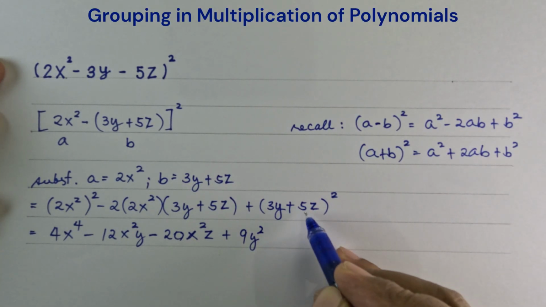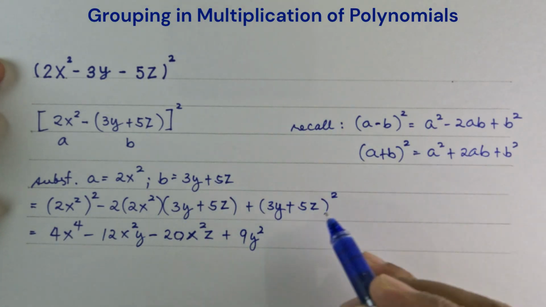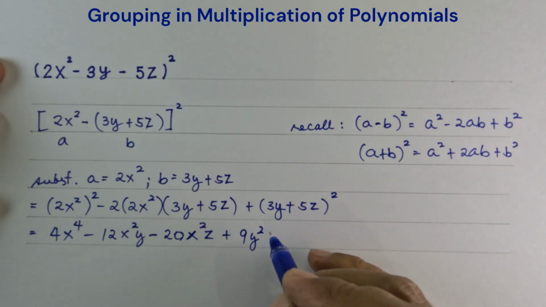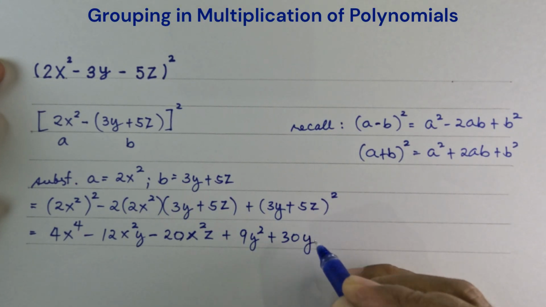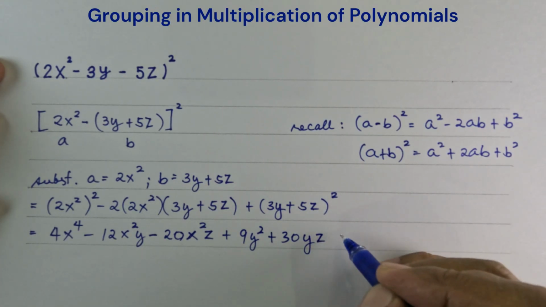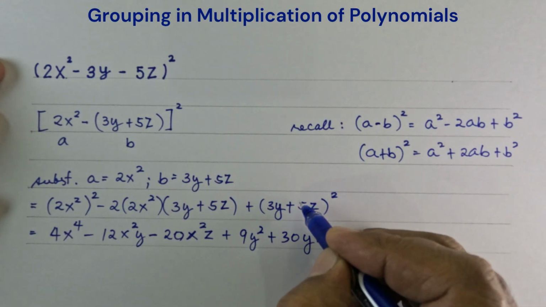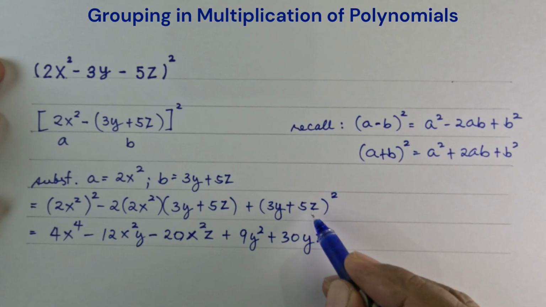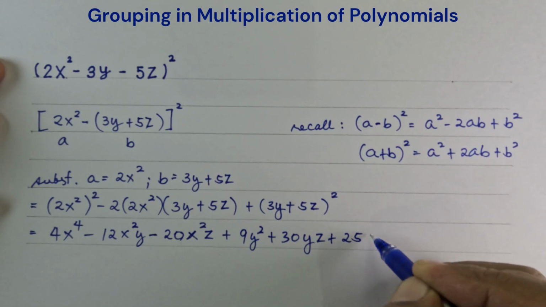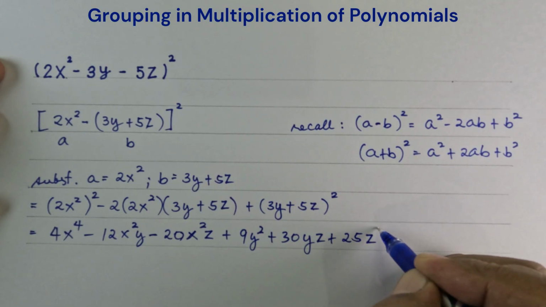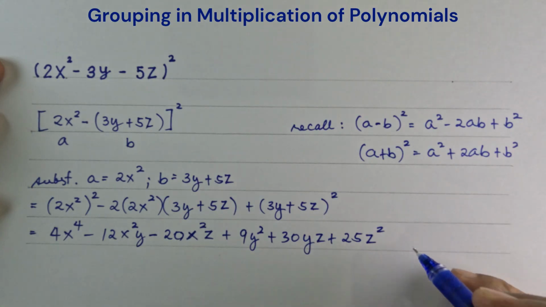So 3y times 5z is 15yz times 2, so that's 30yz, plus the square of the last term. So 5z raised to the second power is 25z squared. And that's the answer.